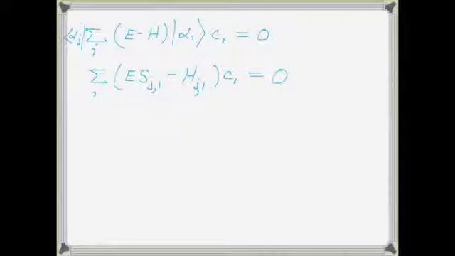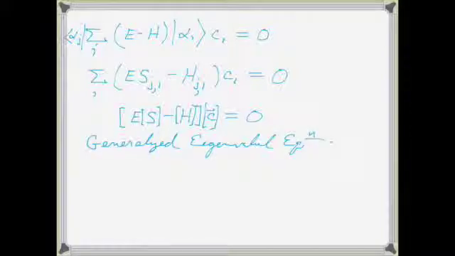And so that's your new eigenvalue equation, your generalized eigenvalue equation. In matrix form, that's just E times the overlap matrix minus the Hamiltonian matrix acting on the vector C equals 0. So this would be your overlap matrix, your Hamiltonian matrix, and your column vector C. It becomes a generalized eigenvalue equation.